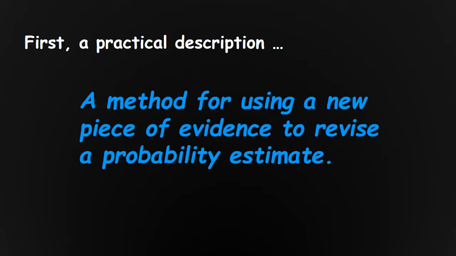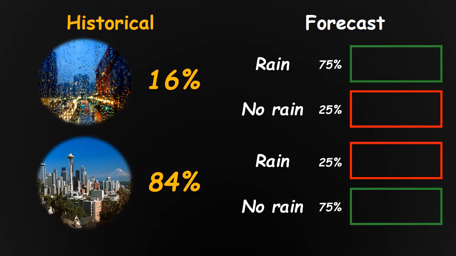I think it's useful to reread the description that we created at the beginning of this. We said that Bayesian statistics provides a method of using a new piece of evidence to revise an existing probability estimate. This example of forecasting the weather is very convenient because it fits our scenario.